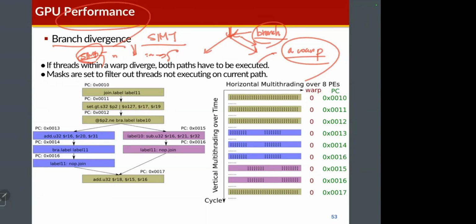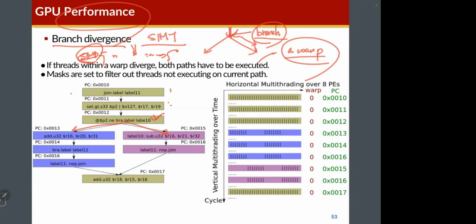Well, this is one example of a divergent branch. You can find the branch instruction here, and after this branch instruction, the thread can be executed to this path, or to another path here. Before this branch instruction, the threads execute the same instruction.